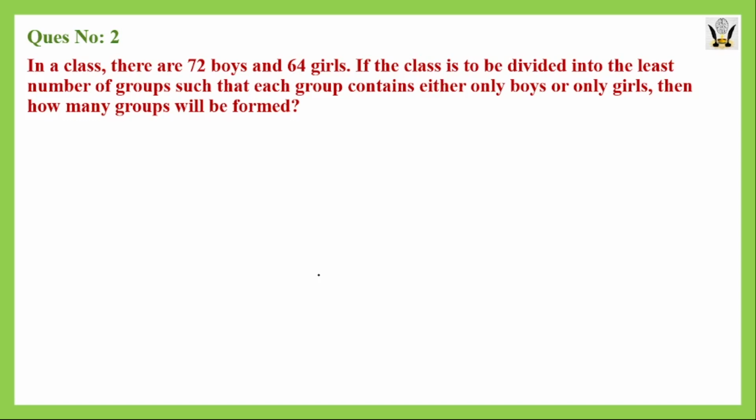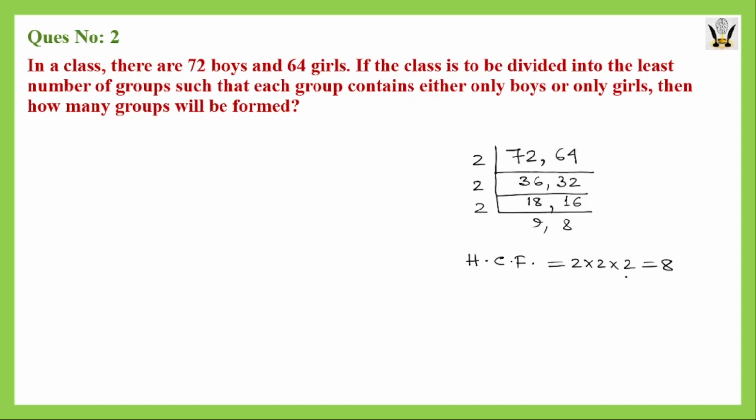So to solve this type of problem, the main concept is HCF. HCF of 72 and 64 is 8. Now 8 is the number of boys or girls in a group. And the question is how many such groups we can form. If we have 72 boys and in each group we have 8 boys, then there will be 9 groups of boys.